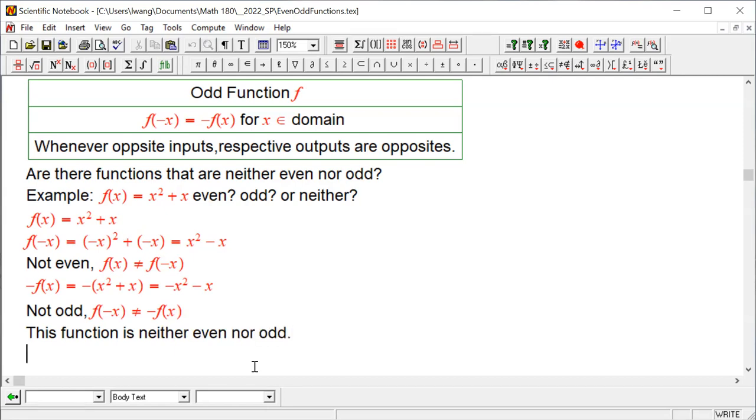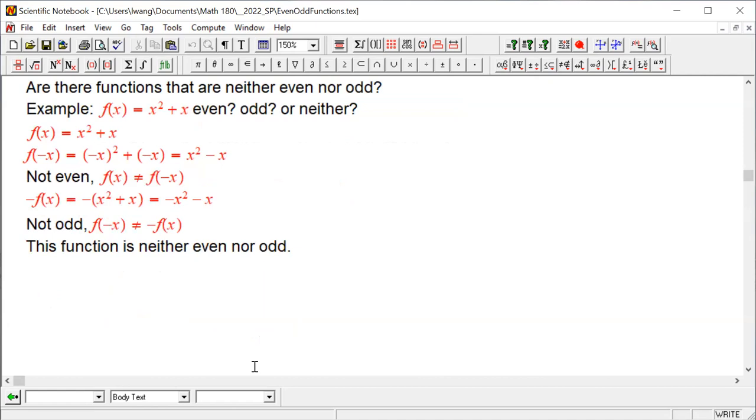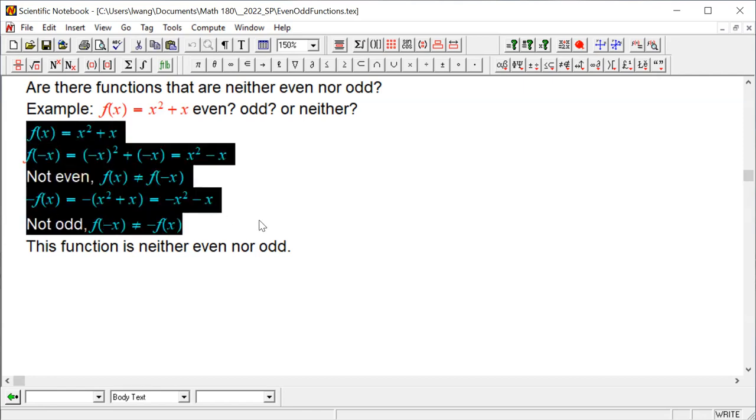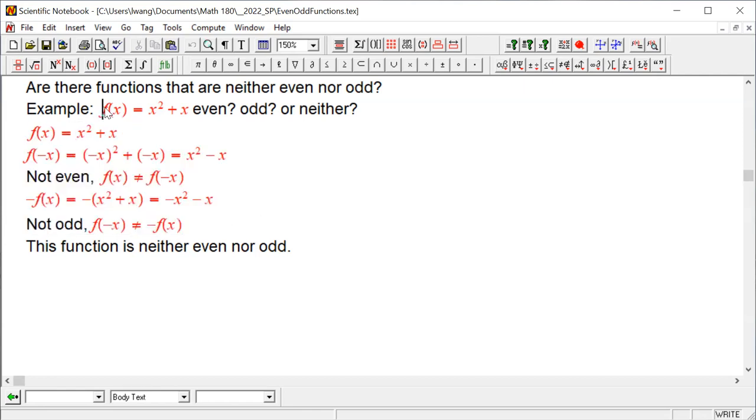That's it. Of course, if you can graph the picture, you can also tell whether it is even or odd by the picture. But usually my preferred way to do it is just go by definition, really just go by definition.